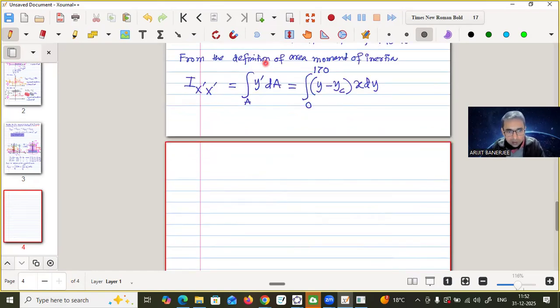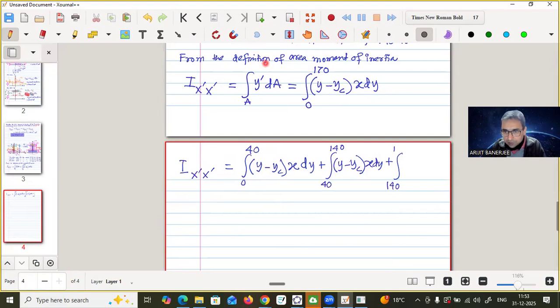Therefore, we can write Ix prime is equal to the integral from 0 to 40 of y minus yc, then x dy, plus 40 to 140 of y minus yc x dy, plus 140 to 170 of y minus yc x dy.